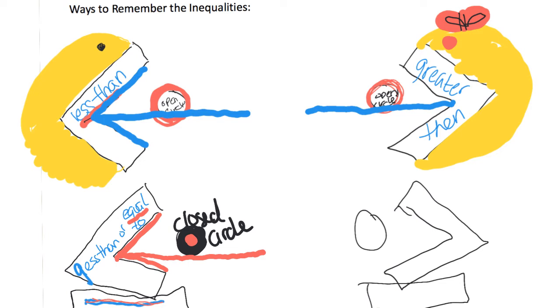Okay, so last one to remember is greater than or equal to. So this is greater than or equal to. Okay, same thing with this one. It's a closed circle because it's equal to, and we could tell that from the bar down here.